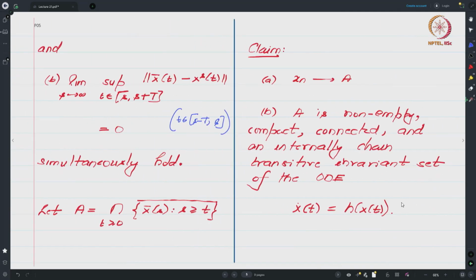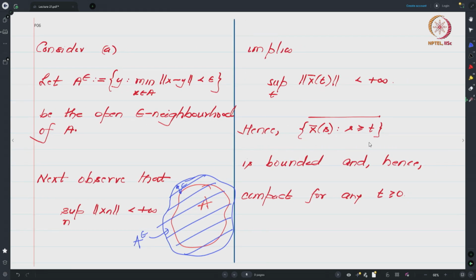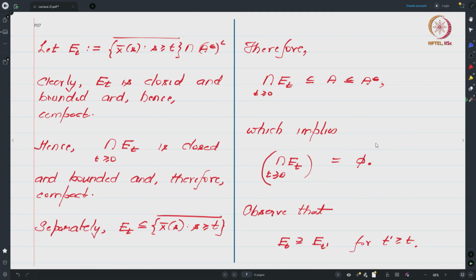Is this okay? Recall that A is an intersection of such sets, and we have taken one element in that collection and shown that it is compact. Now we will define another set, ET, which is whatever we saw before intersected with the complement of A epsilon.